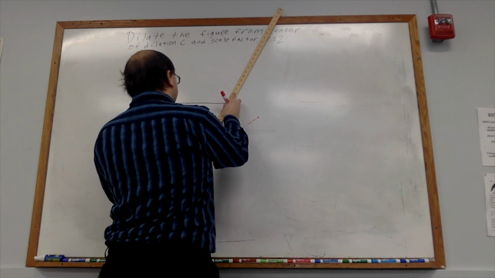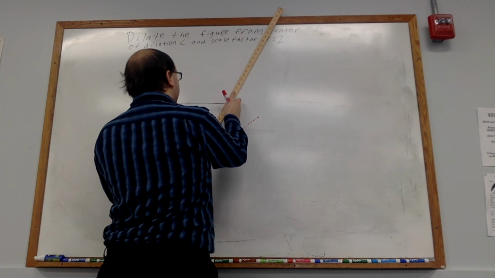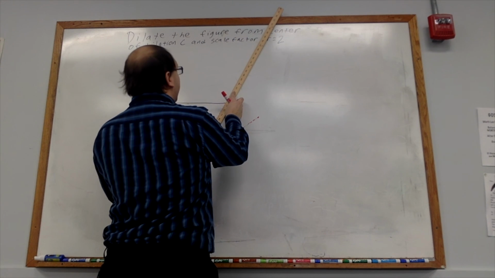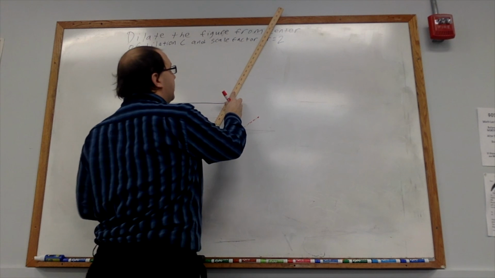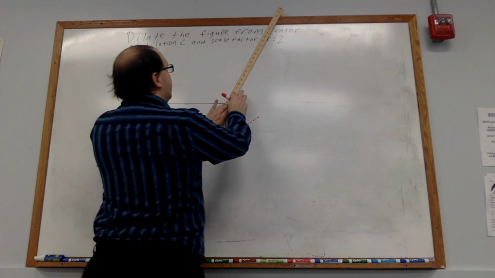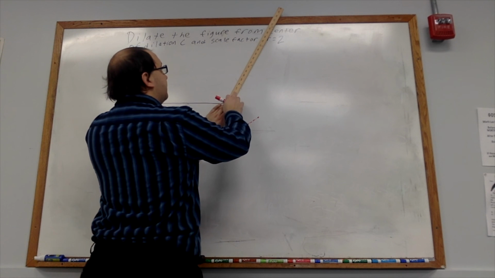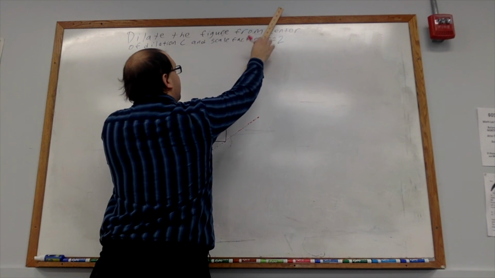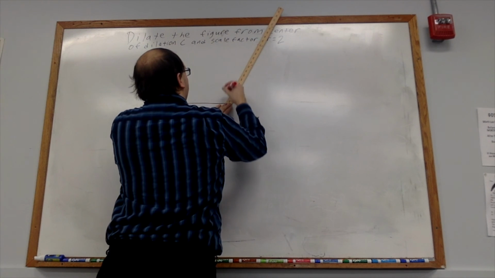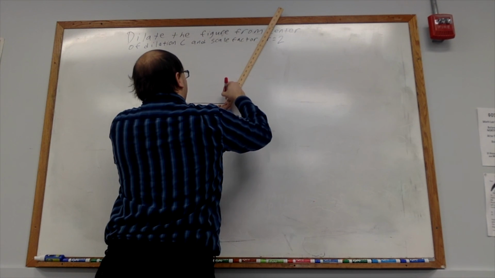This one here is about 13 and a half, so we want to go another 13 and a half. You can also just keep your ruler and say 13 and a half times 2 is 27. So we want to go up here, and we continue our dotted line all the way up.